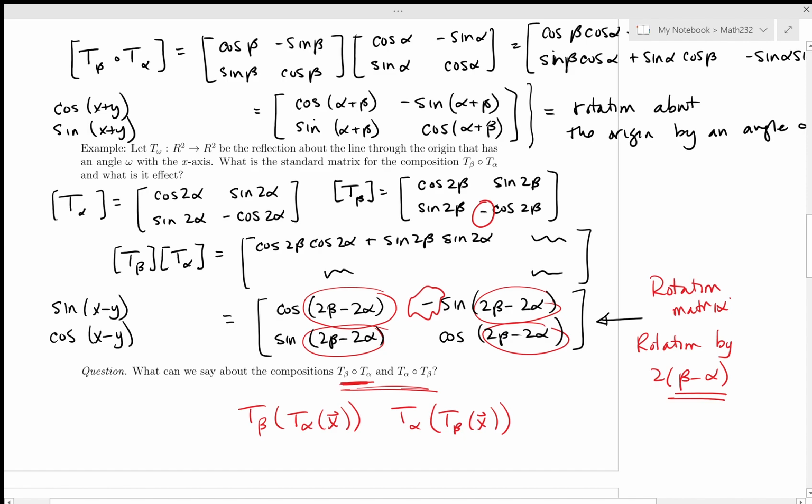But in the case where we have the 2 reflections, they are not going to be equal, because when I reverse this, it's not going to be the same angle. Like I think we just said earlier, matrix multiplication is not commutative. Sometimes it could be, special cases it can be, but in general it is not commutative. So in general, these things will not be equal.